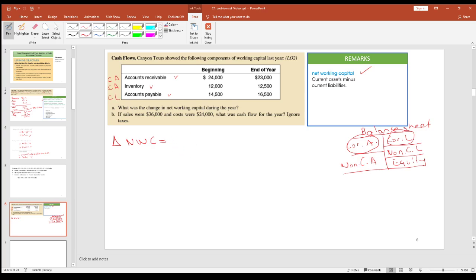So in order to calculate the change, you need to find the change in current assets minus the change in current liabilities. For current assets you have two items, so you need to open this as follows.